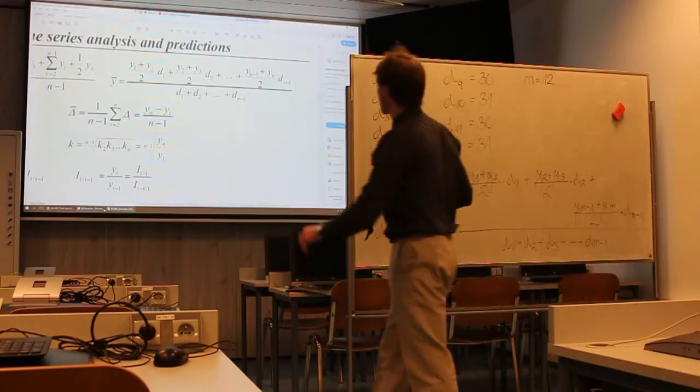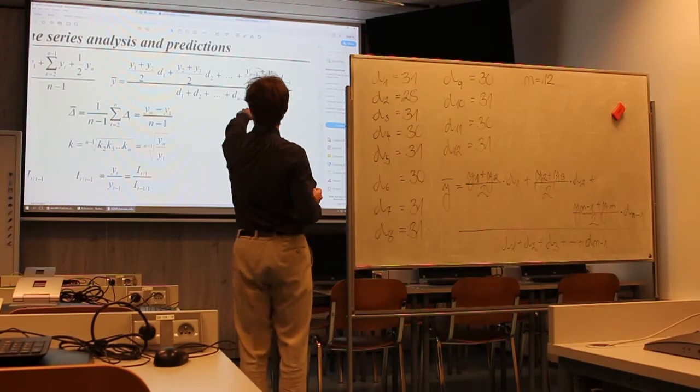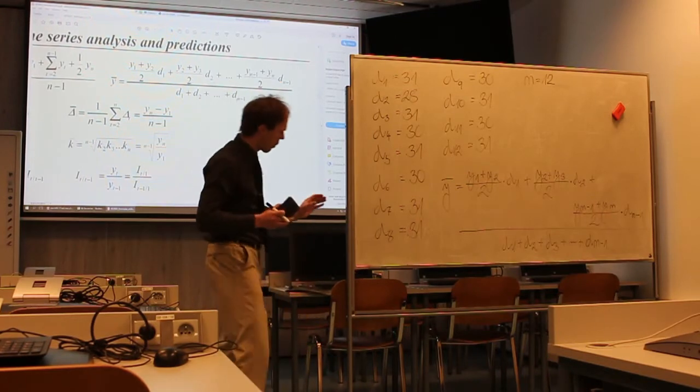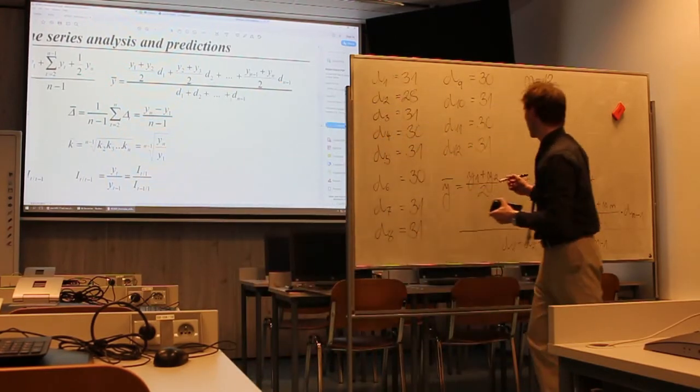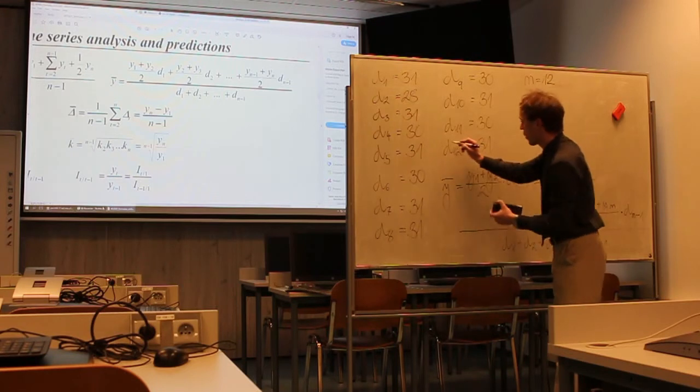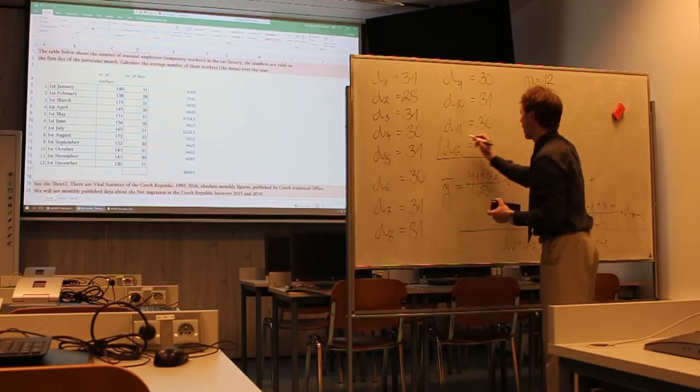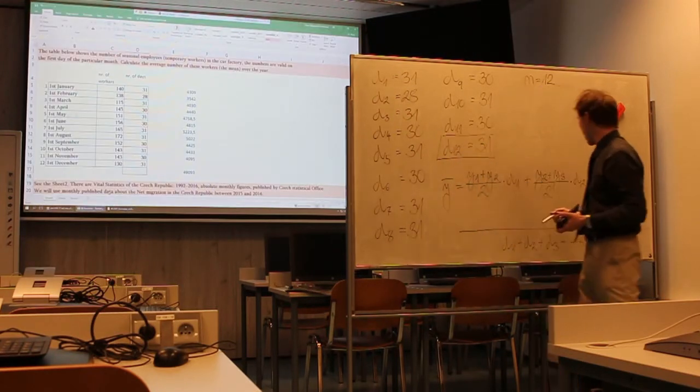In the formula you can see that the last is Dn minus 1, so we don't need the number of days for December, D12.